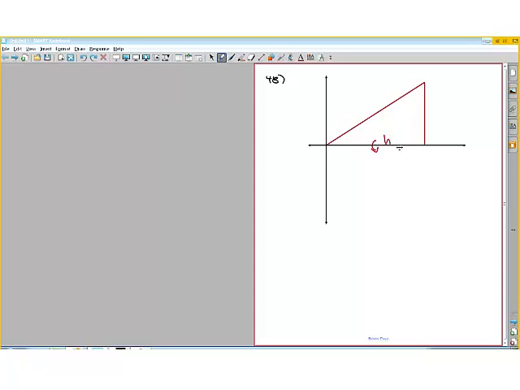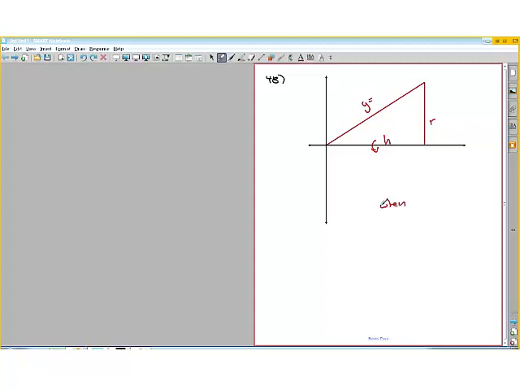This dimension is h, the height of the cone, and this is the radius of the cone. So this line is y is equal to, well, the dependent variable is x, so it's going to be x. What is it going to be? Well, let's think about this.